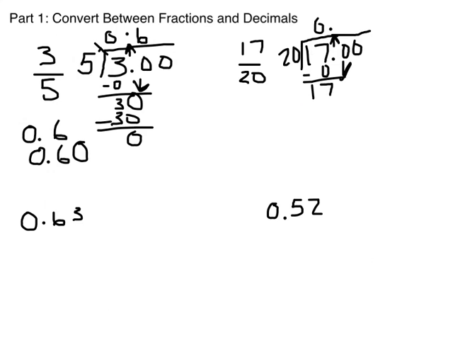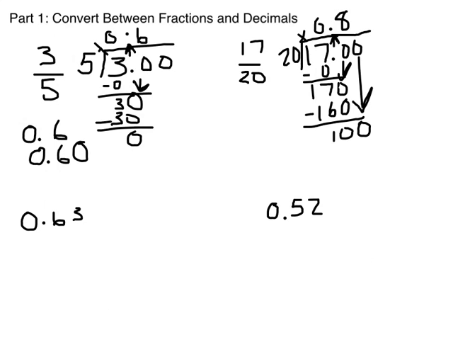So I'm going to start with 170. How many times does 20 go into 170? 20 goes into 170 8 times. What's 8 times 20? 8 times 20 is 160. When I subtract, what do I have left over? I have 10, and I can bring down my 0.